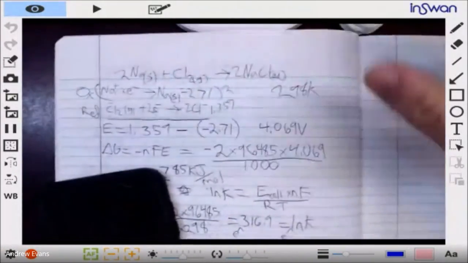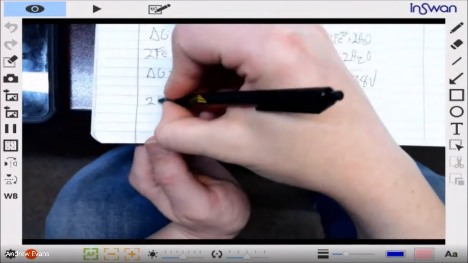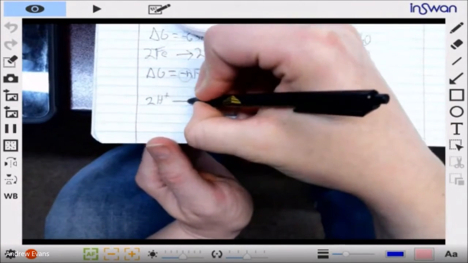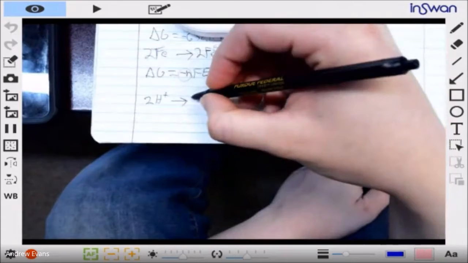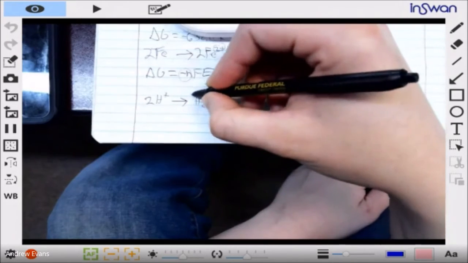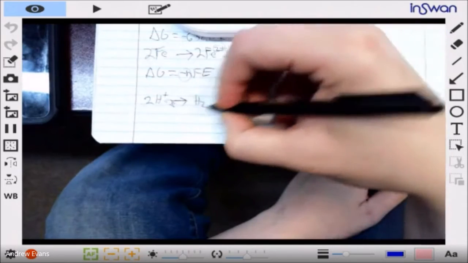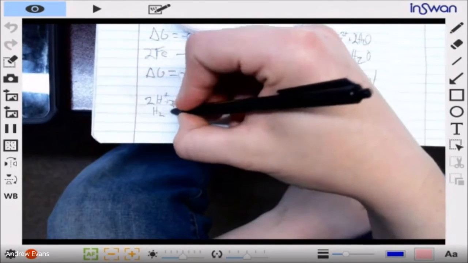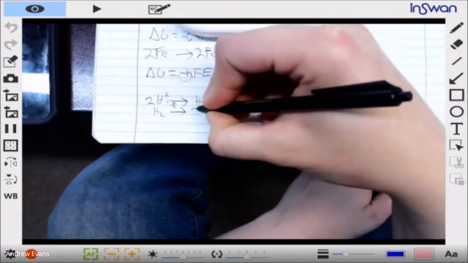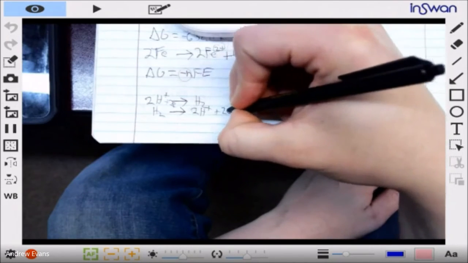Back over here, the half reaction we actually have occurring is 2H+ goes to H2, with 2 electrons. And the other one is H2 goes to 2H+ and 2 electrons.